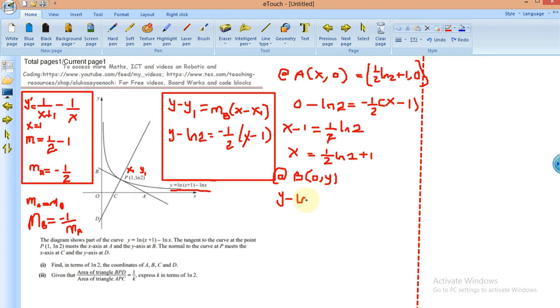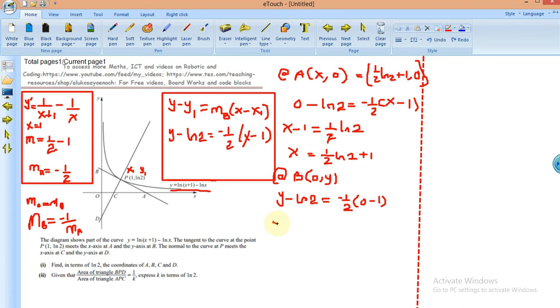Since you are still dealing with the tangent to the curve, we still continue with this. Equals minus half into x. So x is 0 already here: 0 minus x1, that is 1. Here I want to use y as subject of the formula. So y equals this.